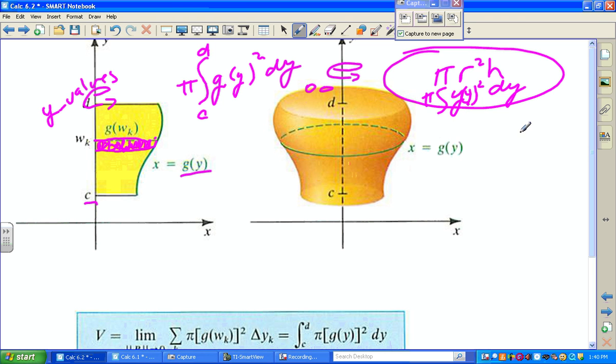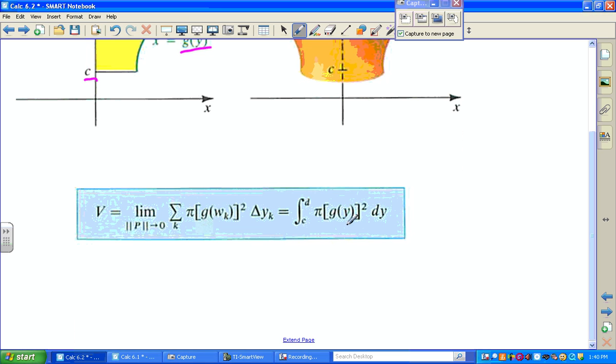You can find the volume of a lot of interesting shapes. But remember, on the left side of the y-axis is a negative, on the right side is a positive. So that's what this is saying right down here, another little box. Check. I think we're good.